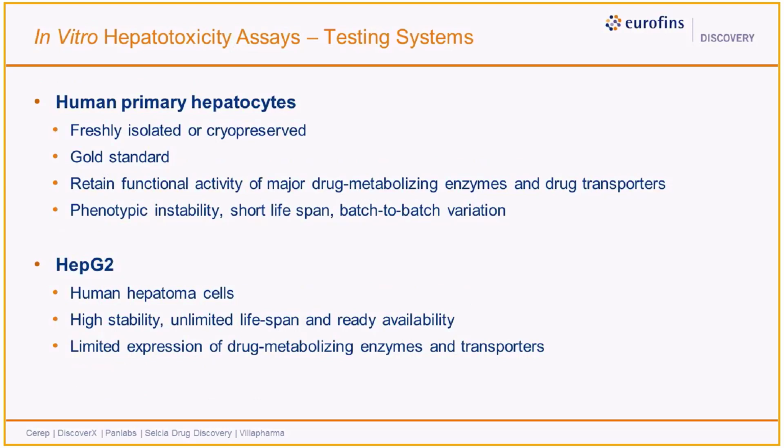They are derived from human hepatoma cells. They have the advantages of high stability, unlimited lifespan, ready availability, and high reproducibility. The major limitations of HepG2 cells are that they generally do not express phase 1 and phase 2 drug metabolizing enzymes and drug transporters.